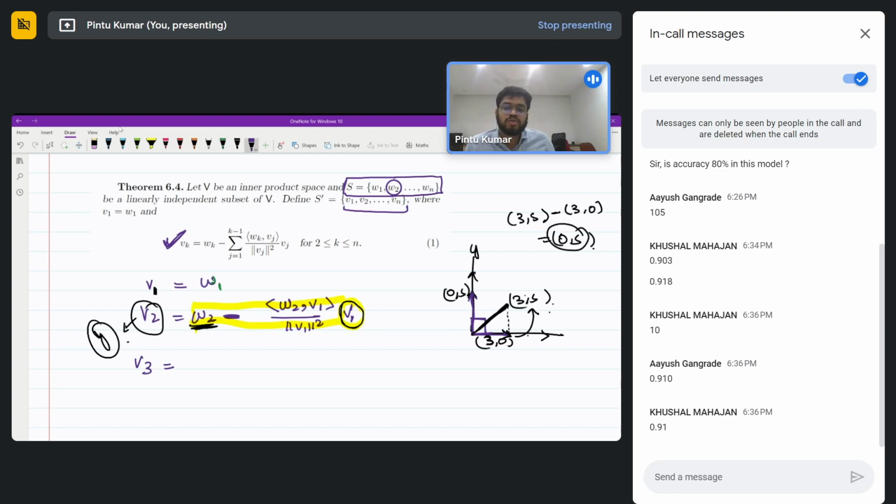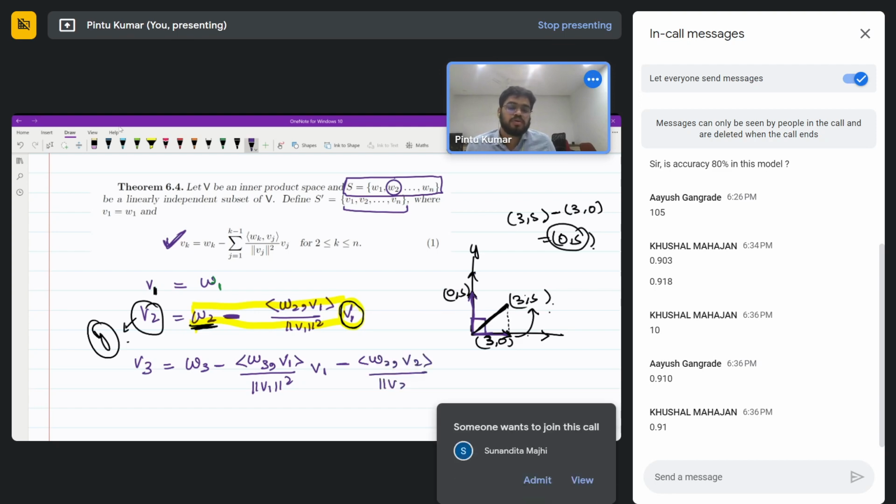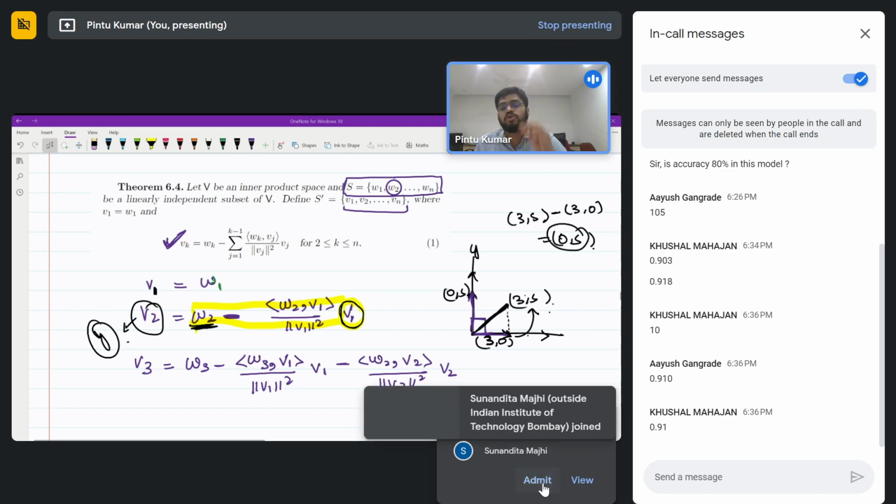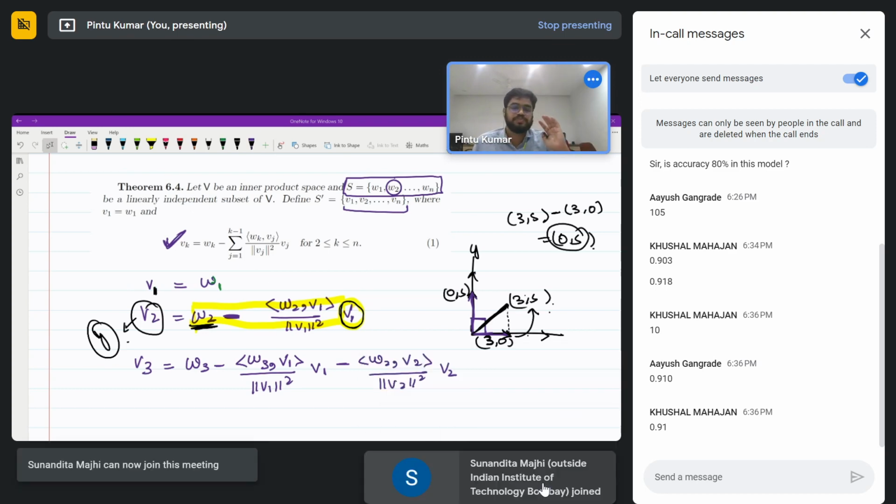For the third vector, what you will do is from W3, first you will subtract whatever you have in W3 parallel to V1, and then you'll also subtract whatever you have in W3 parallel to V2. Okay, तो जब दोनों को subtract कर देंगे we will get something which is perpendicular to both V1 as well as V2.